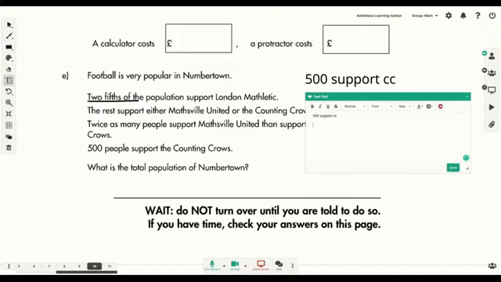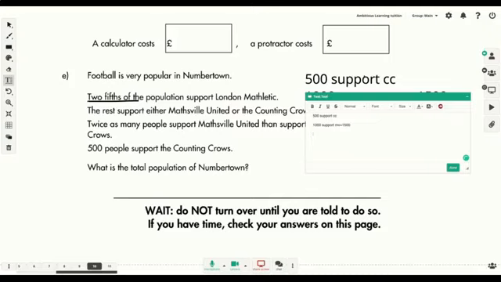That means Counting Crowns. Out of what? 1,000 support MV. Total equals 1,500. I have support for any one of them.